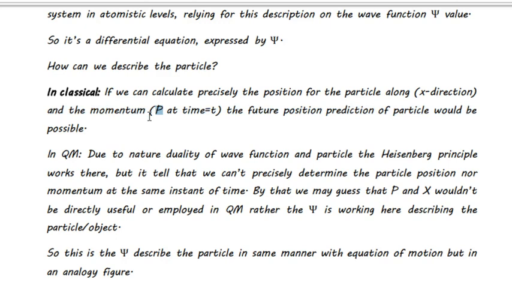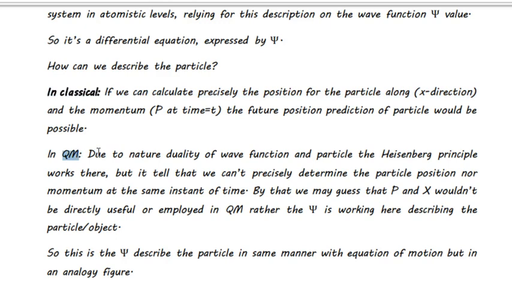So the future prediction of that particle would be possible. By knowing those two values, the momentum and the position, we can determine the position and momentum of that particle or system at any future time precisely, because we are dealing with the system simply as particles, solid bulk material.